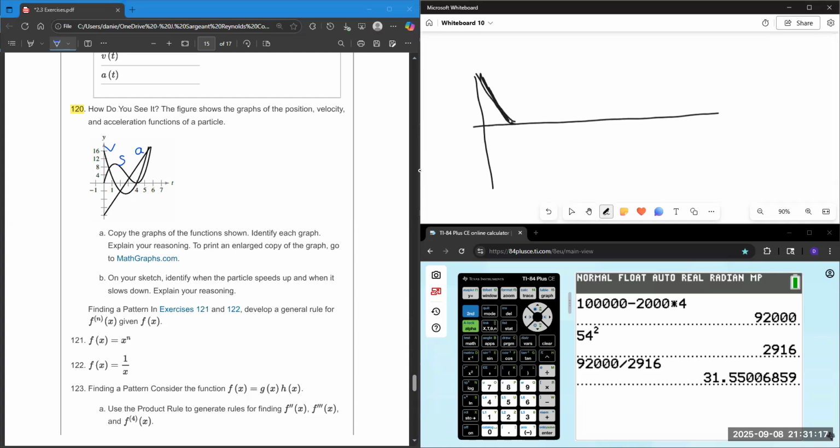It's going to turn this way, and then it's going to go back up like this. So it has a fixed point here and a fixed point over here. So it is a negative slope, it is slowing down or decelerating.